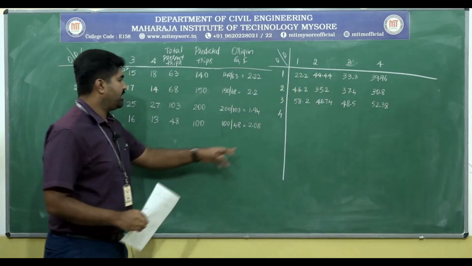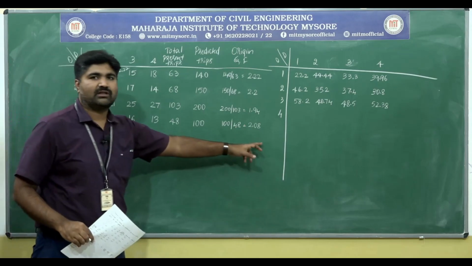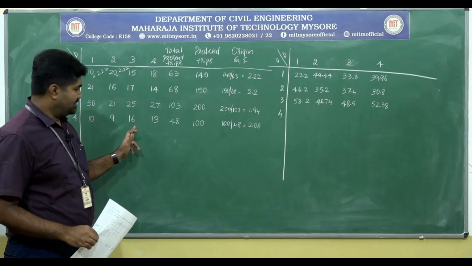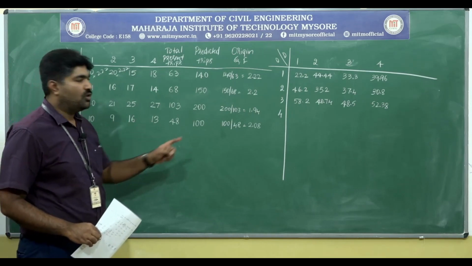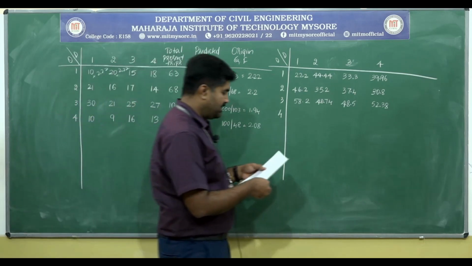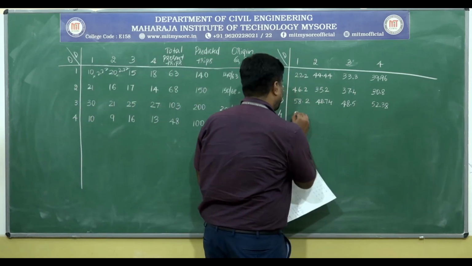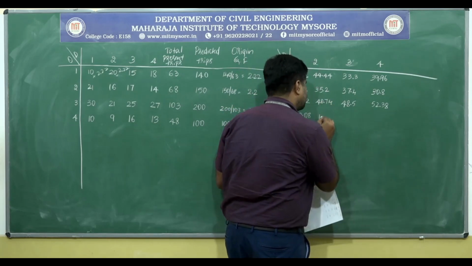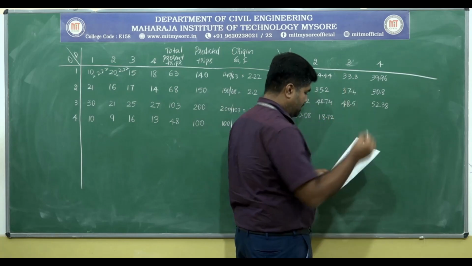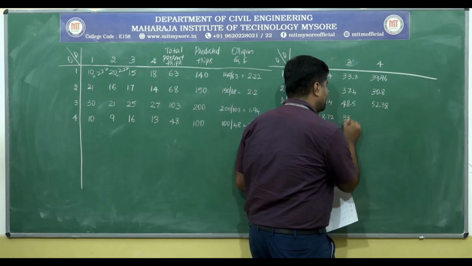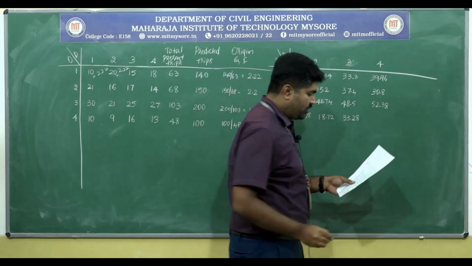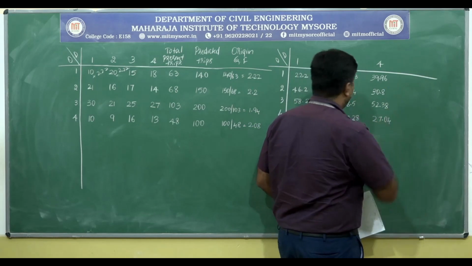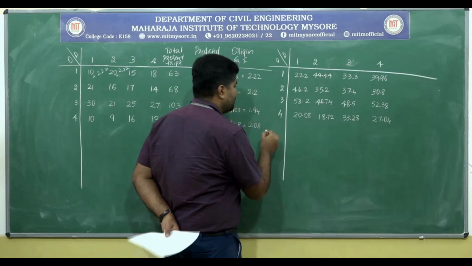Okay, for last row, you should multiply this row by this growth factor, that is 2.08. 10 into 2.08, 9 into 2.08, 16 into 2.08, 13 into 2.08. We will get 20.8, 18.72, 33.28, 27.04.